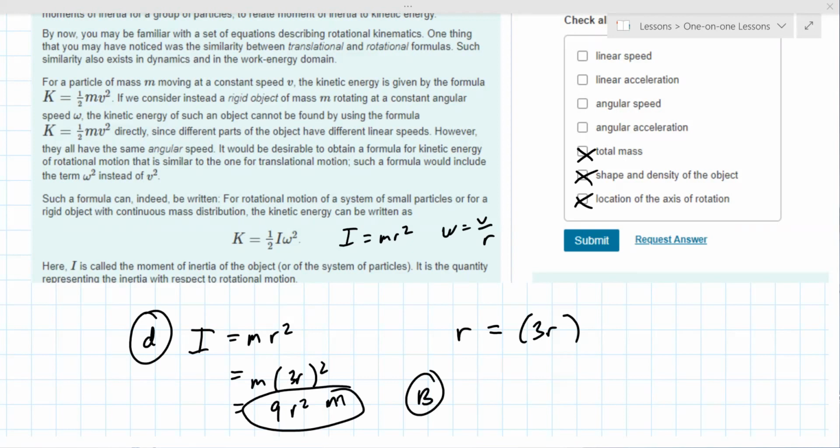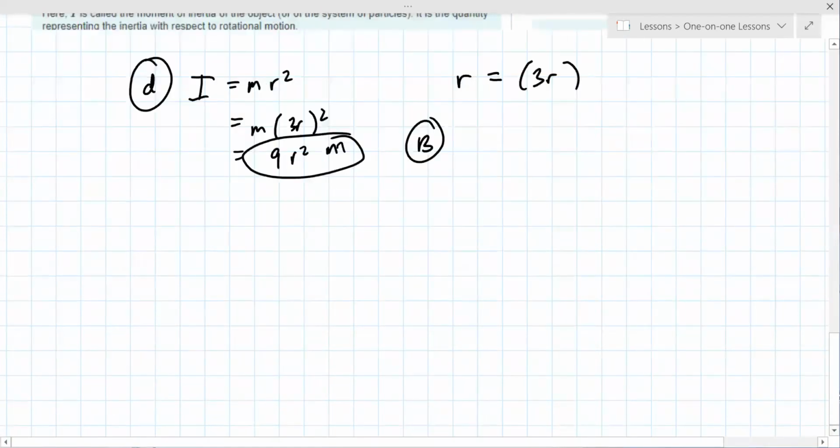Find the total moment of inertia of the two particles shown in the diagram with respect to the y-axis. Okay, so with respect to the y-axis, you've got m, and then letter A is 3r away, squared, and letter B is just m away.